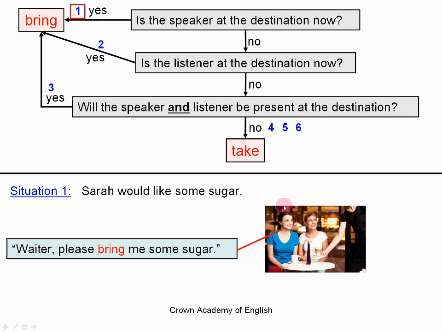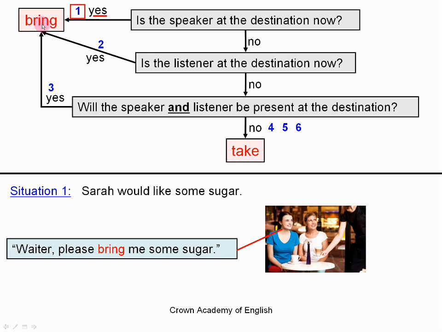Well, Sarah is the speaker, and the destination is, in fact, Sarah, or the table where Sarah is, because she wants the sugar at the table. So the answer here is yes, the speaker is at the destination now. So we answer yes here, and so we use the word bring.